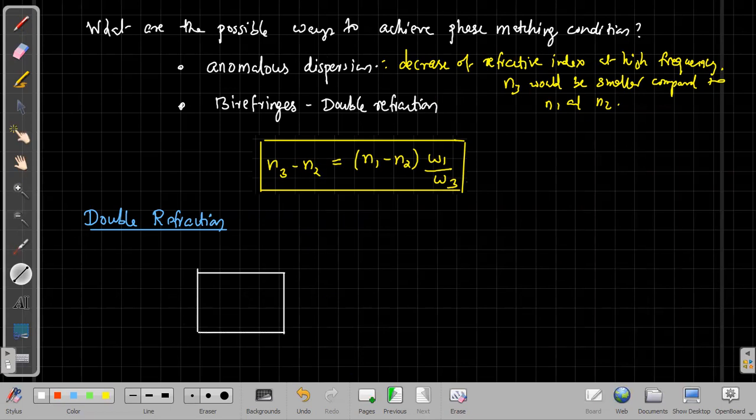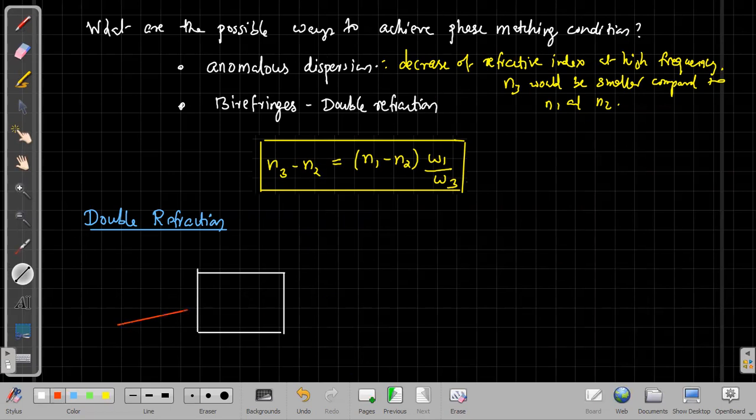If you take any double refracting crystal and you incident some ray, you will be getting two rays instead of one. Now, suppose the incident ray has both polarizations, then each of these two rays would be plane polarized.